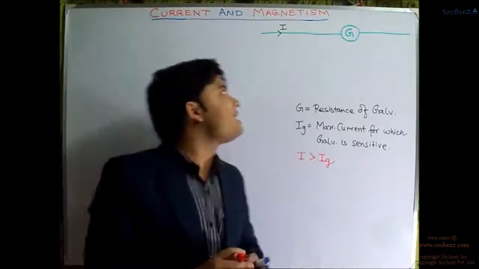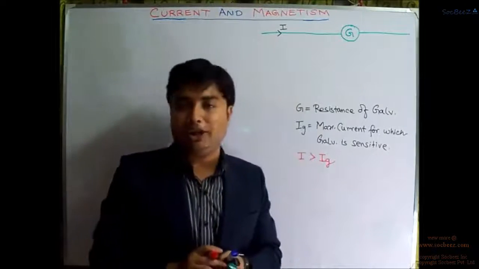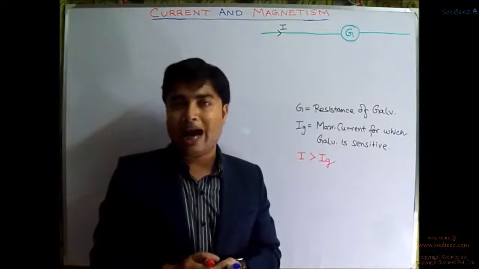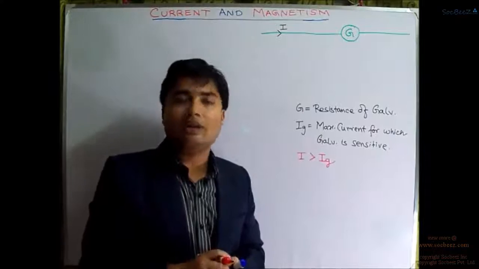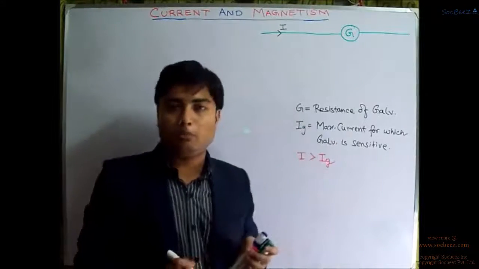Now, for this case where I will be greater than Ig, what we need to do is bring down the sensitivity of the galvanometer.